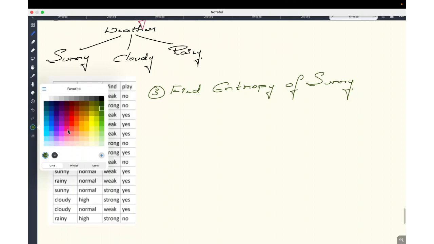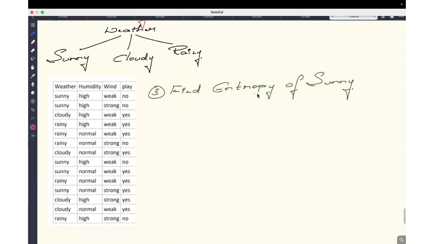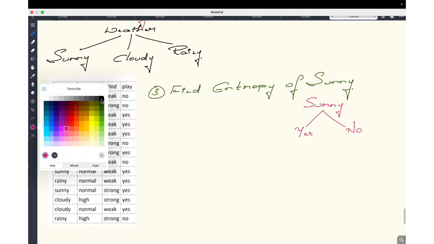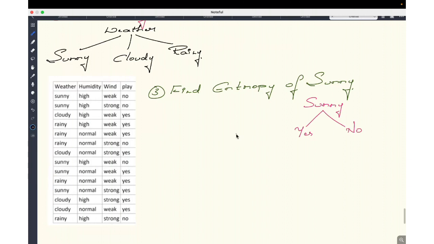So now your task. When I see weather is sunny, two possibilities. Either you can play or no. So tell me how many yes, how many no. Based on that, we'll proceed calculating. It's zero because all are no. Are you sure?